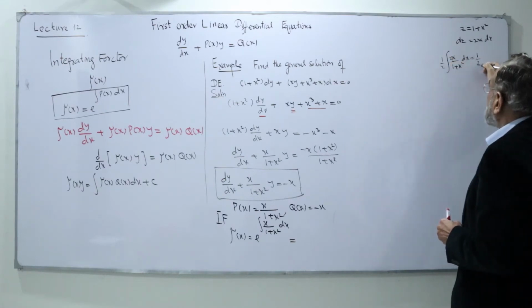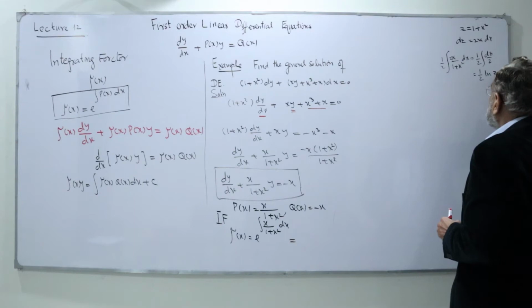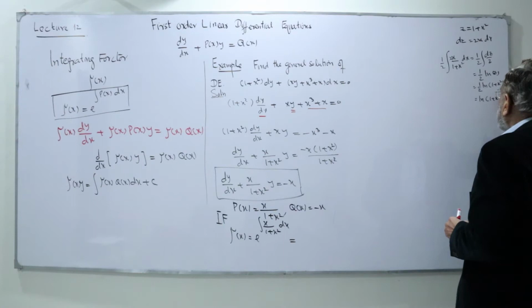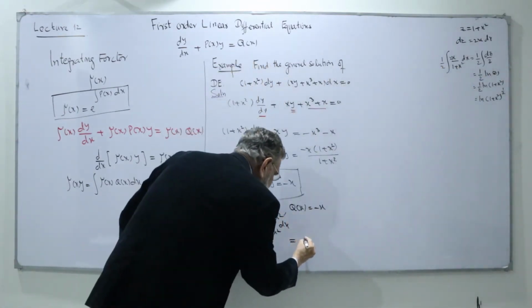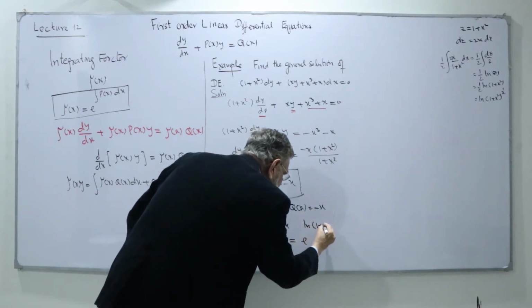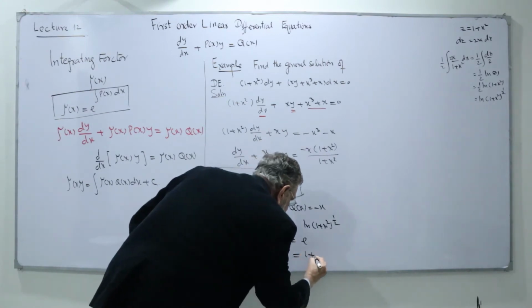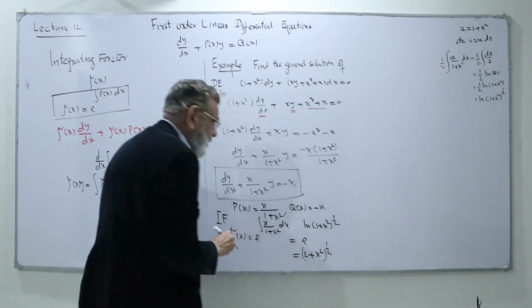I get 1/2 dz over z, which gives 1/2 ln z, and substituting z, 1/2 ln of 1 plus x square, which is ln of (1 plus x square) to the power 1/2. So we get e to the power ln of (1 plus x square) to the power 1/2, and e and ln cancel. We get (1 plus x square) to the power 1/2, and that is my integrating factor.